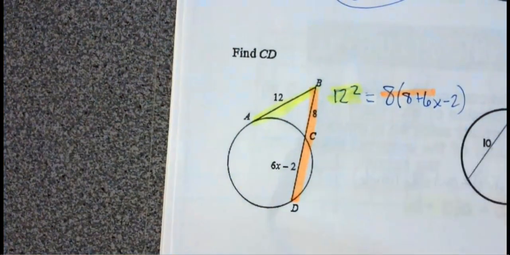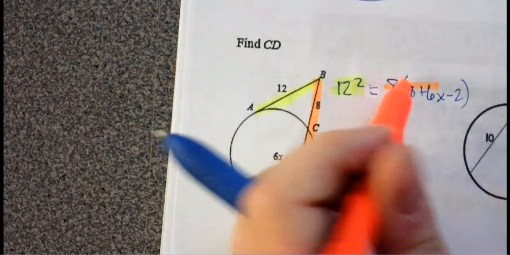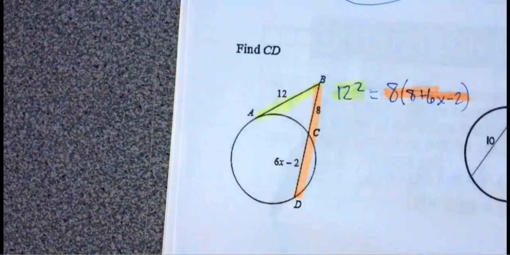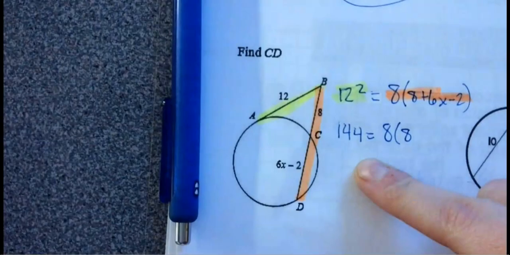So don't let this overwhelm you. You're just going to add these things together. 8 plus negative 2 is 6. So 8 times, not 8, 6 times x plus 6.